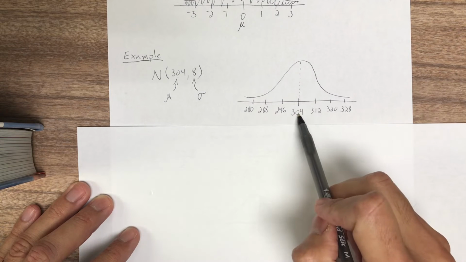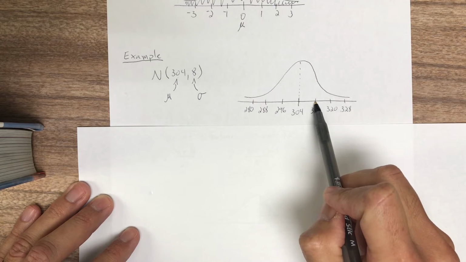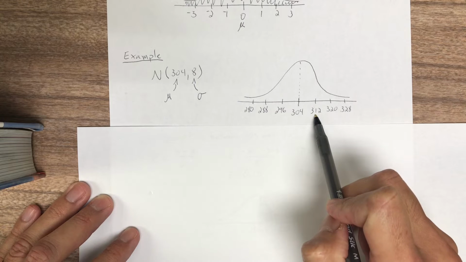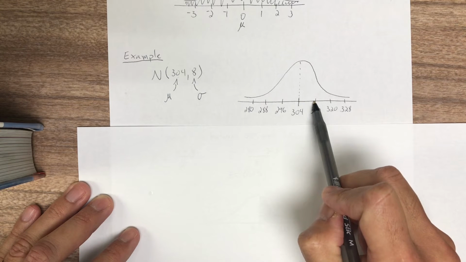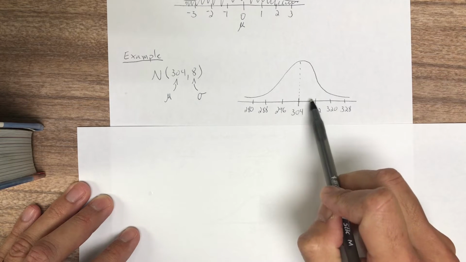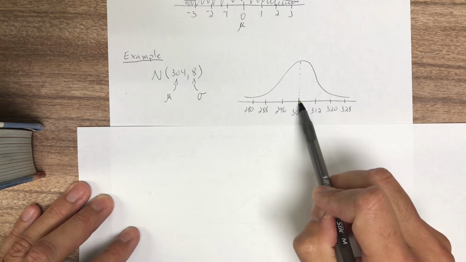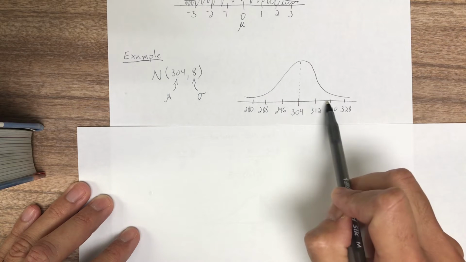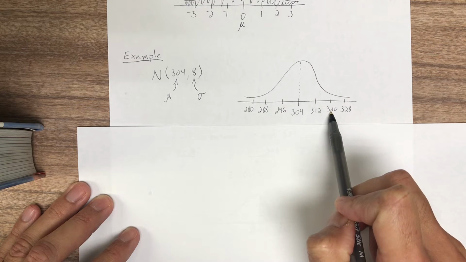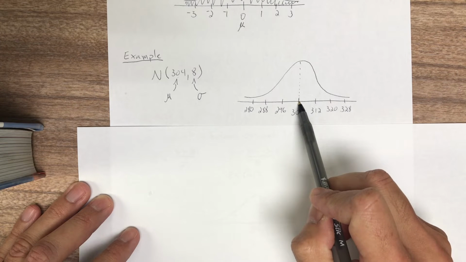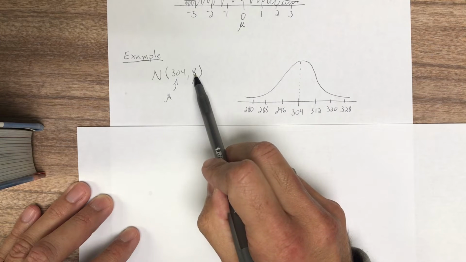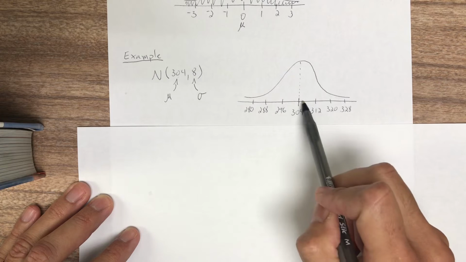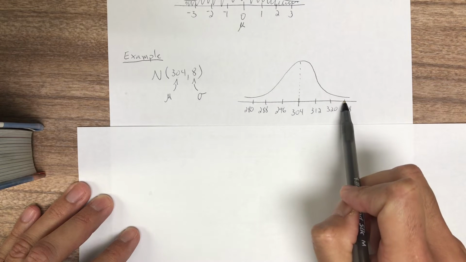From the center, 304 plus 8 is 312, and that's one standard deviation. Two standard deviations means adding 8 plus another 8, a total of 16, so 304 plus 16 is 320. And three standard deviations means 3 times 8, that's 24.